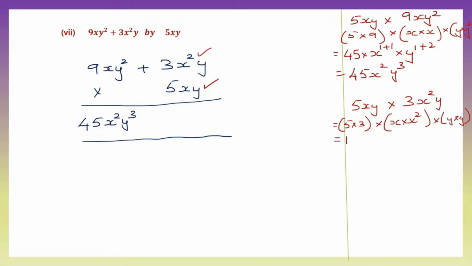So 5 3s are 15 into x to the power of 1 plus 2 into y to the power of 1 plus 1. So this becomes 15 x to the power of 3 y to the power of 2. So the sign is plus and the number is 15 and x to the power of 3 and y to the power of 2.